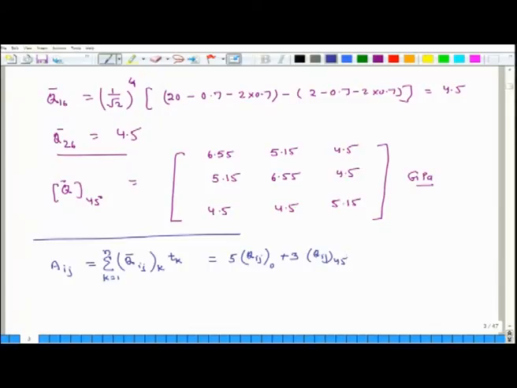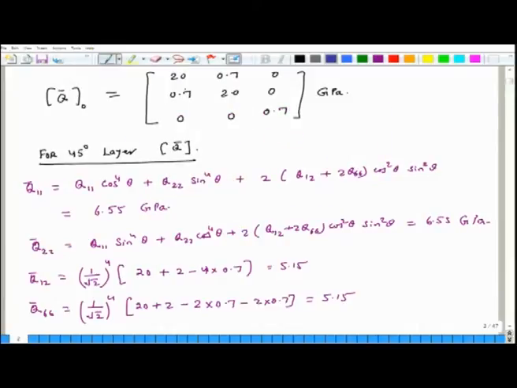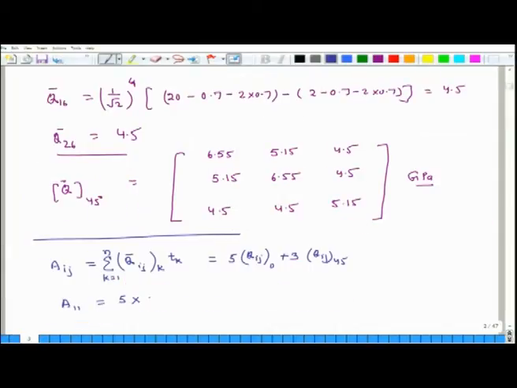Here I am putting values in millimeters. We can also put it in meters, but this way the mathematics becomes a little simpler. So, for instance, A11 will be 5 times 20 plus 3 times 6.55. If you do all the computation, it comes to 119.65.